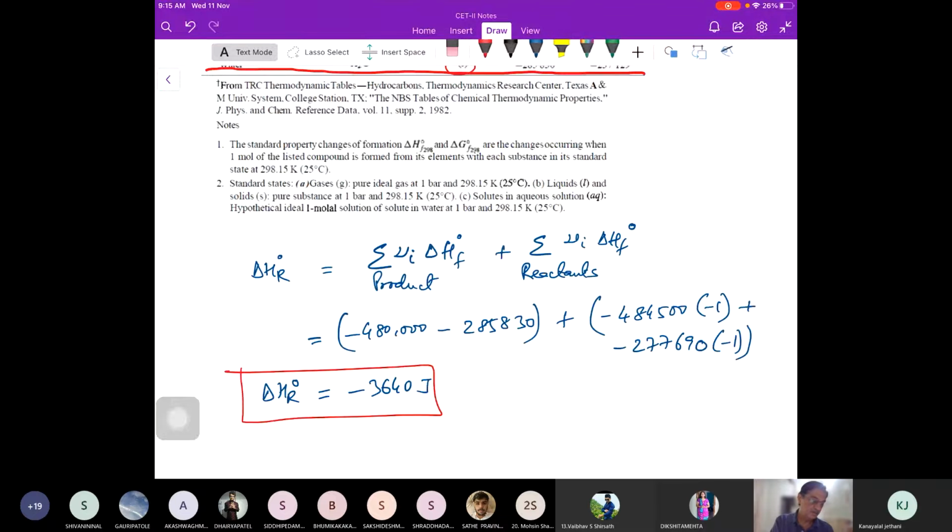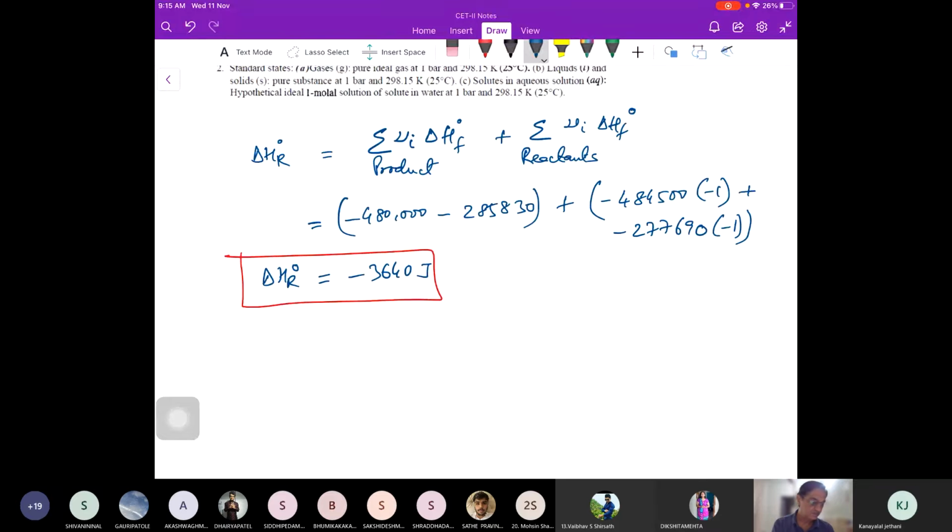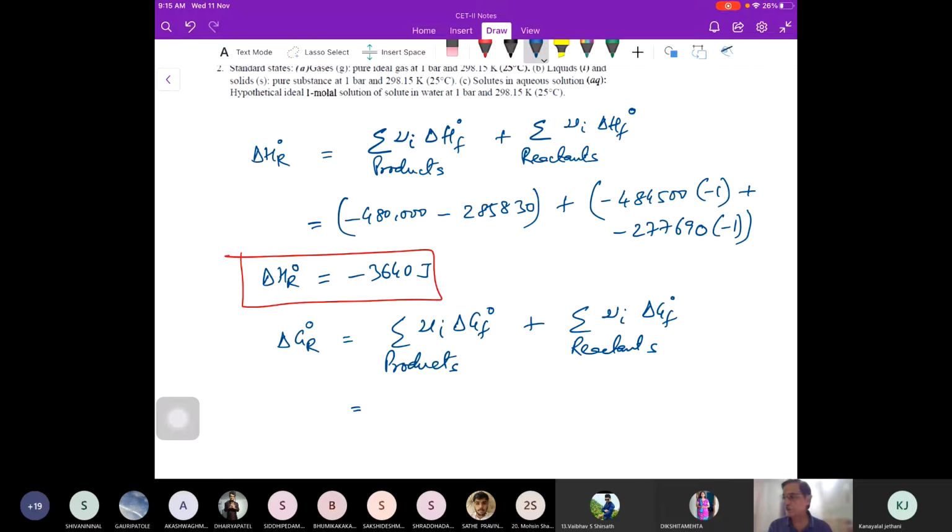where we can find out free energy of reaction. Okay, so what is the delta G of our product?